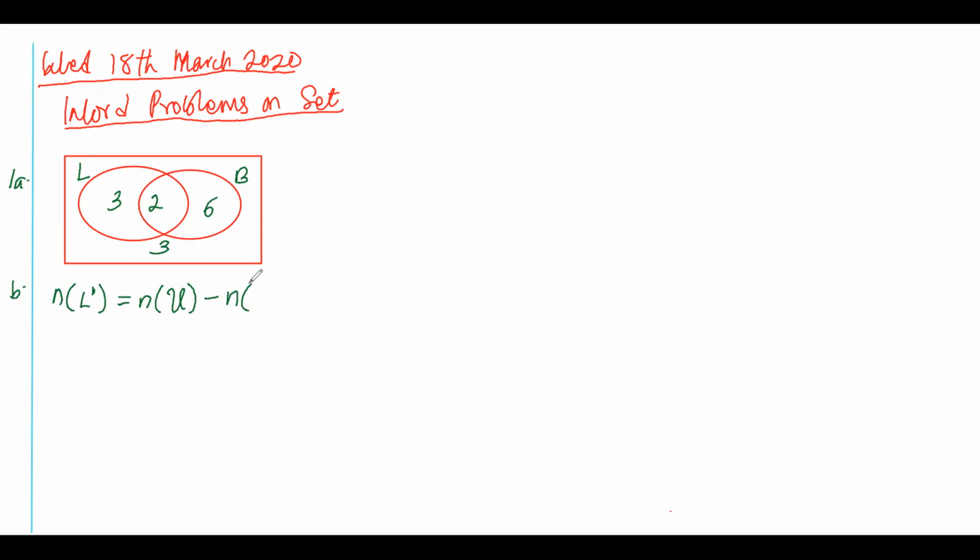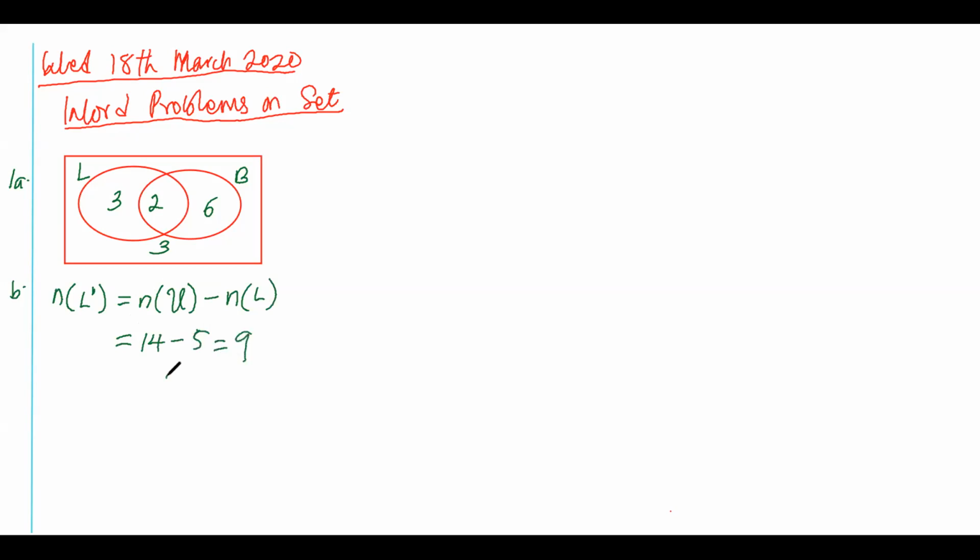Minus the cardinality of L. Exactly. Justin, is that clear? Yeah, sorry. So universal set is 14 and L is given already to be 5.